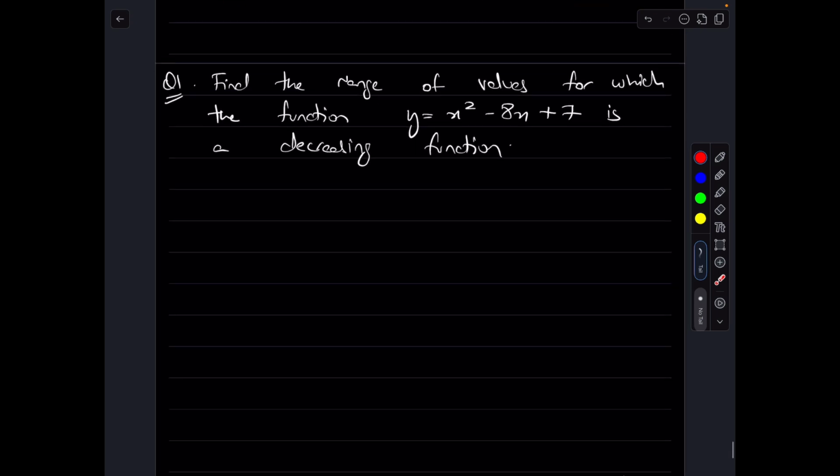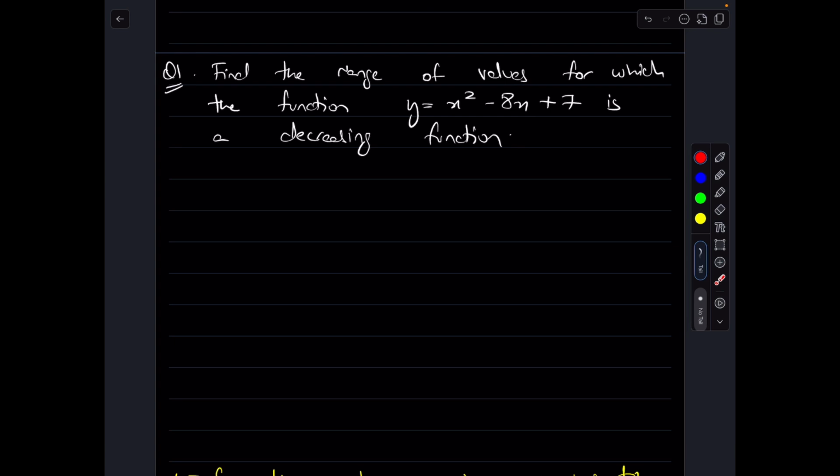So let's say we're asked to find a range of values of x for which the equation is a decreasing function. First step is finding dy by dx. This dy by dx in this case is this, is less than 0. A very important part: we are talking about a decreasing function.